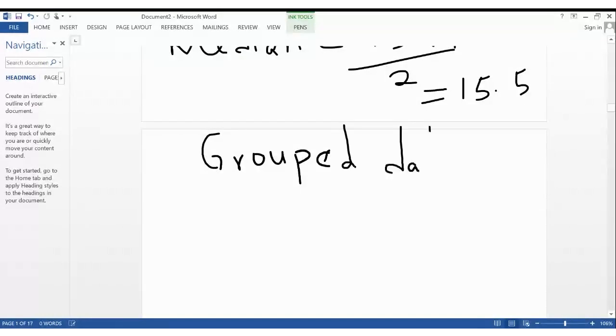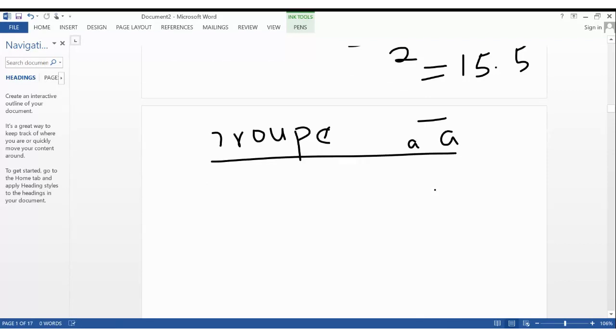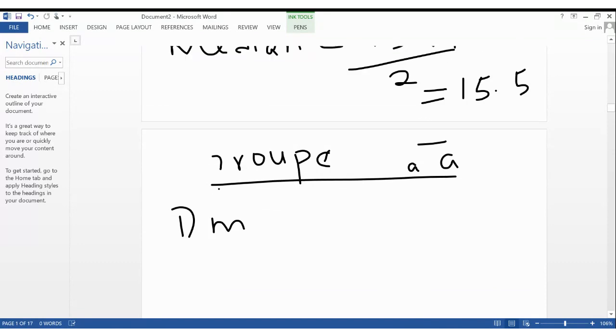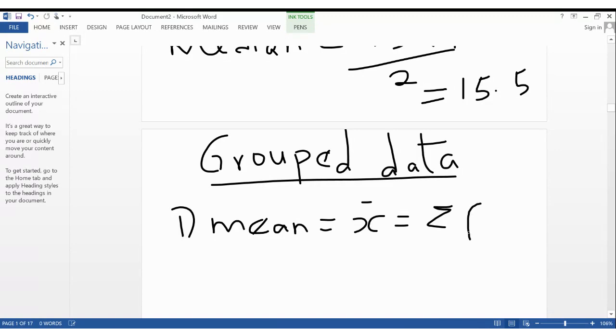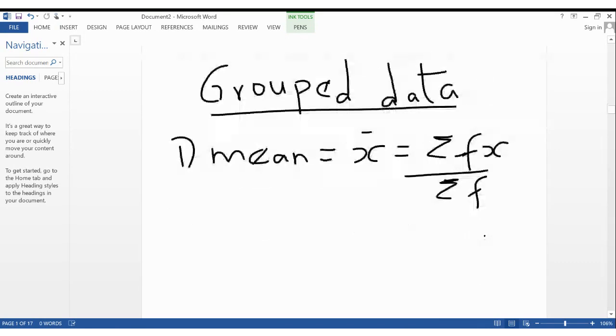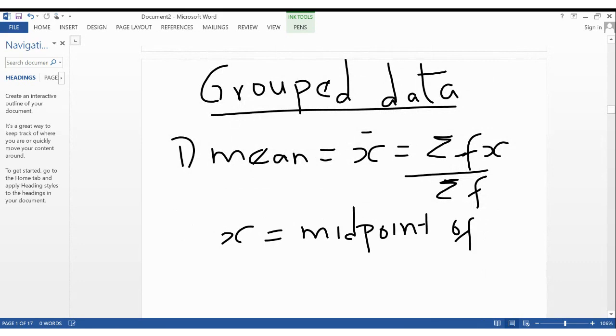Now for group data, the mean. So the mean x bar will be given by summation of f x all over summation of f, whereby x is the midpoint of the interval.